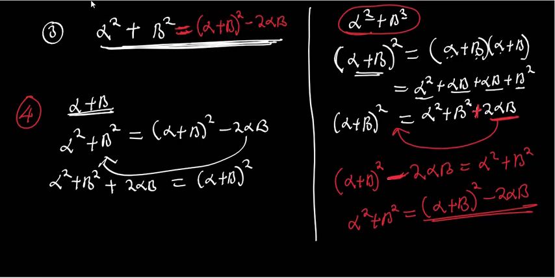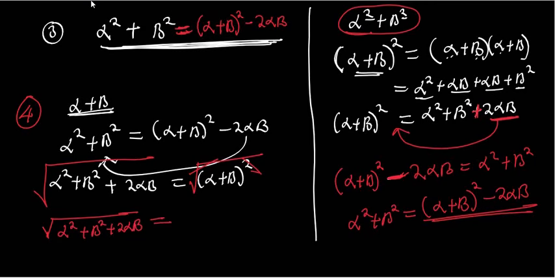So what you do here, you find the square root of this, again the square root of that. So in short, this one and this one they'll cancel. You have the square root of alpha squared plus beta squared plus 2 alpha beta equal to alpha plus beta.